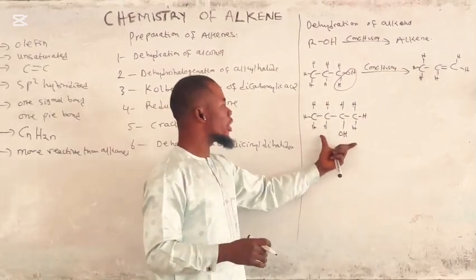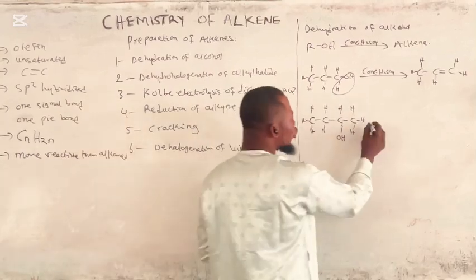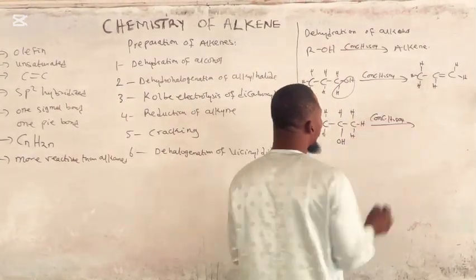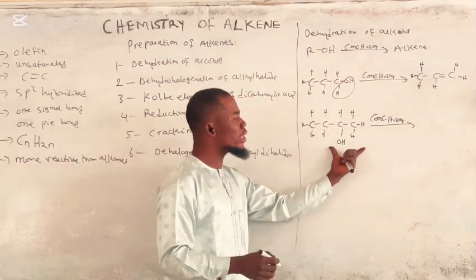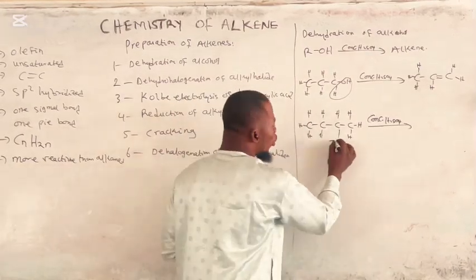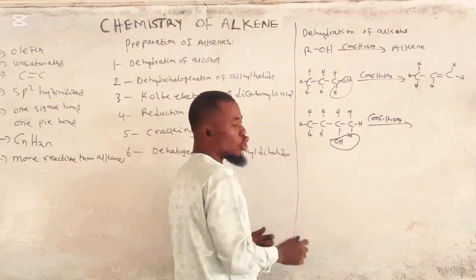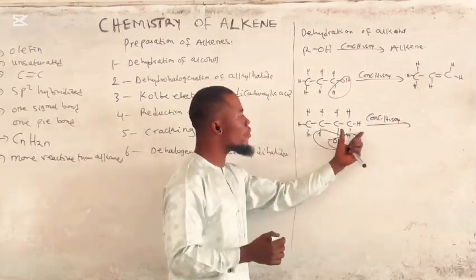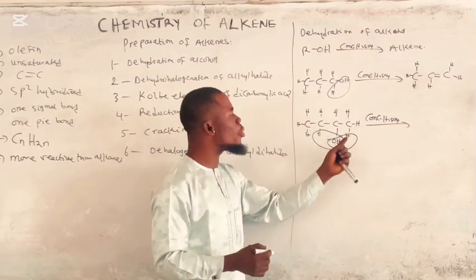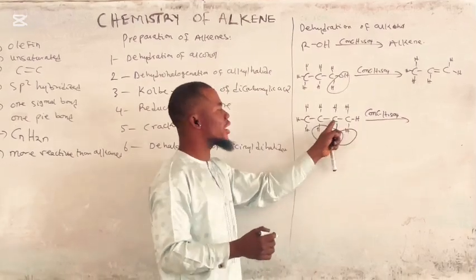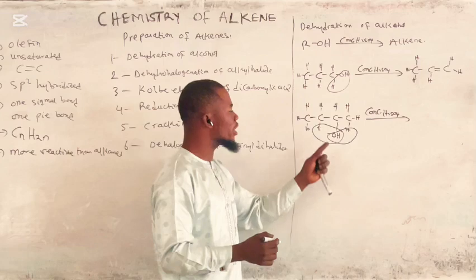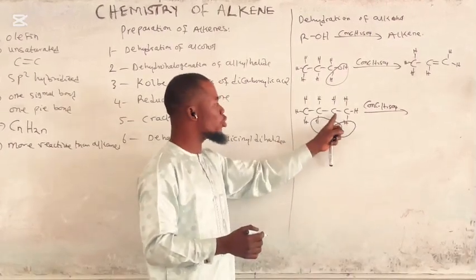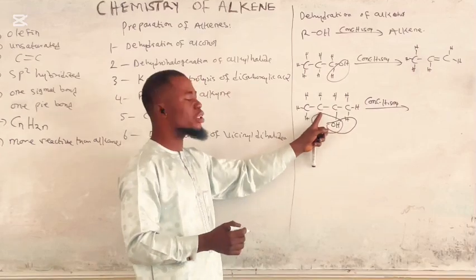This is butan-2-ol. If you dehydrate it in the presence of concentrated H2SO4, we can form water by two means: forward, or backward. If we form water forward, we introduce a double bond between the first carbon and the second carbon. But if we remove water backward, we introduce a double bond between the second carbon and the third carbon.